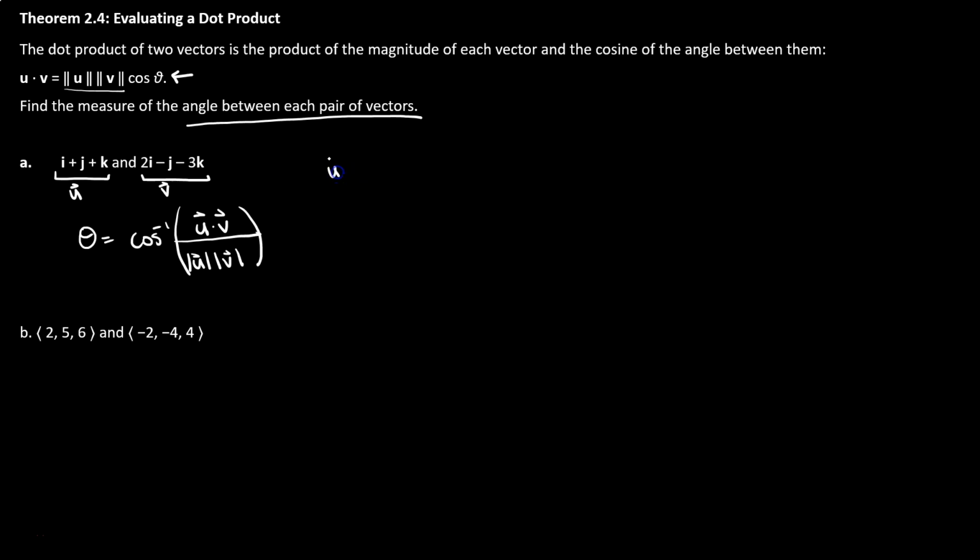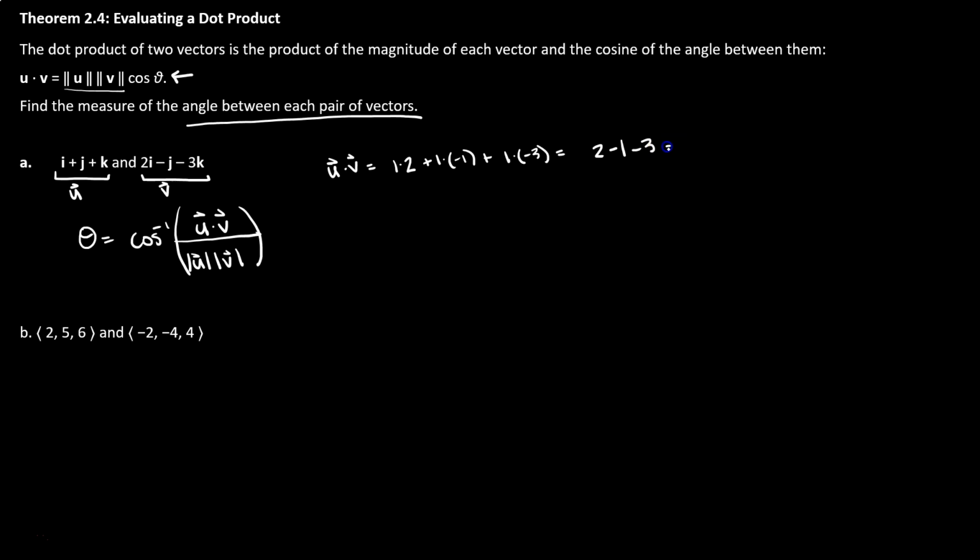So let's start with the dot product. I'll multiply corresponding components. Now, in the standard unit vector notation, I'm multiplying the coefficients on each of those unit vectors. So the u and the v, the i components, would look like 1 times 2. The j components would look like 1 times -1. And the k components would look like 1 times -3.